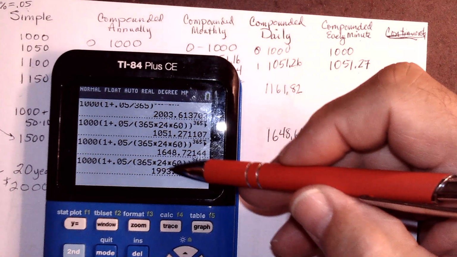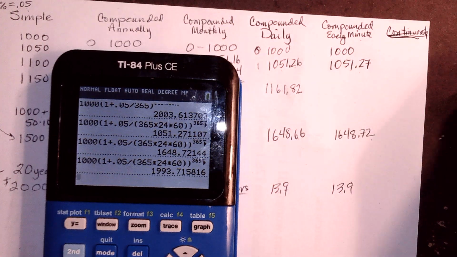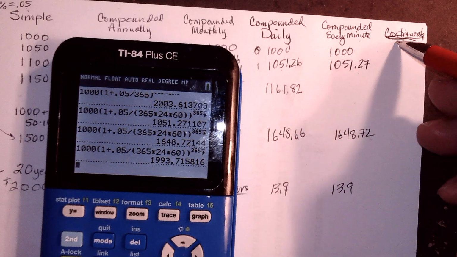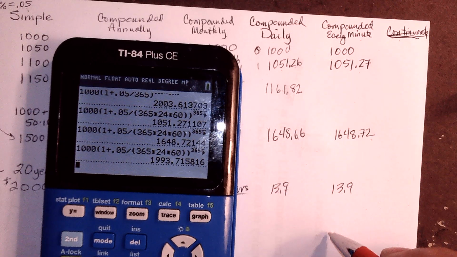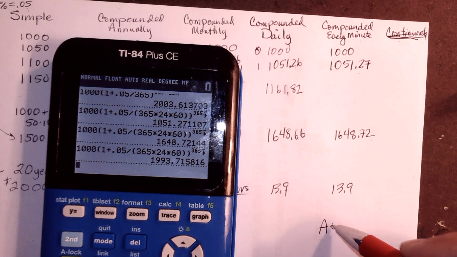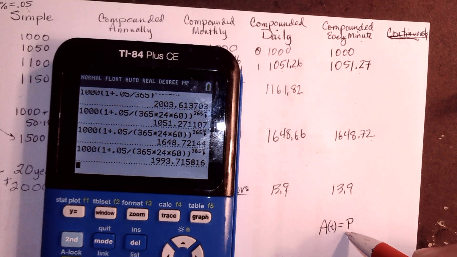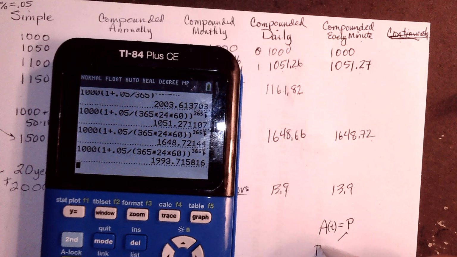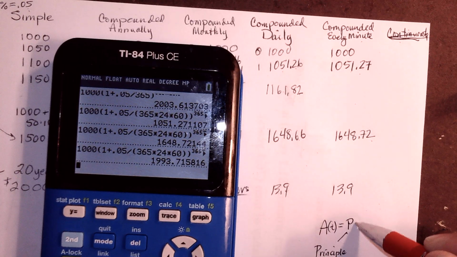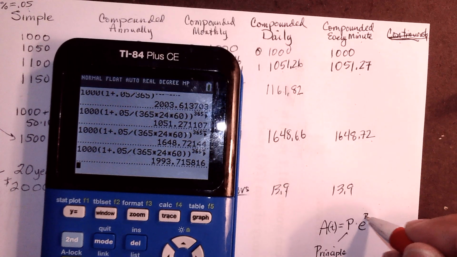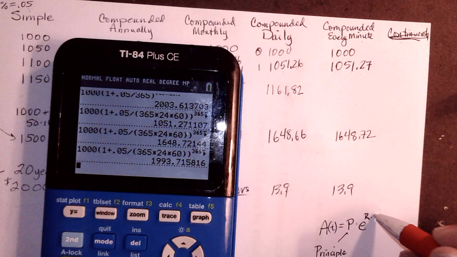Instead of doing all these numbers in here, we can use the compounded continuously formula, which is the amount you would have after some time is equal to the starting amount, the principal, times e, and I'll talk about that in a second, to the interest rate, r, times the number of years.